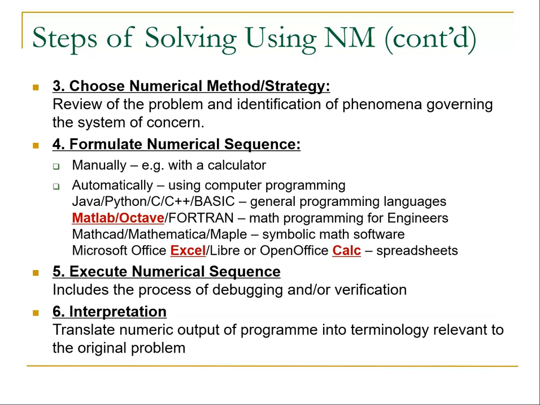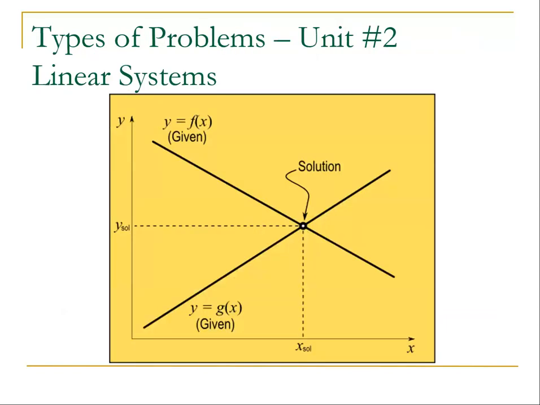But your goal is to just appreciate the system, know the tools to analyze the systems at a basic level, or a little bit more than a basic level. First type of system is called the linear system.